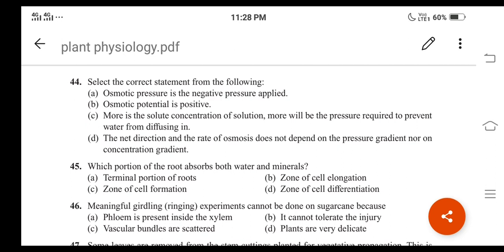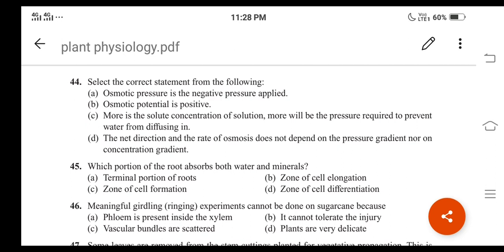The correct statement should be that the net direction and the rate of osmosis depends on the pressure gradient as well as the concentration gradient. But the given statement is incorrect here. So according to the question, option C is the correct answer, and the remaining are incorrect statements.